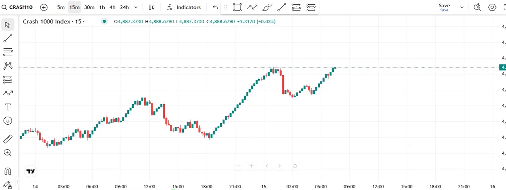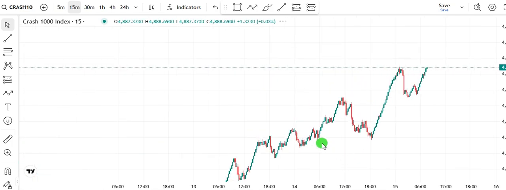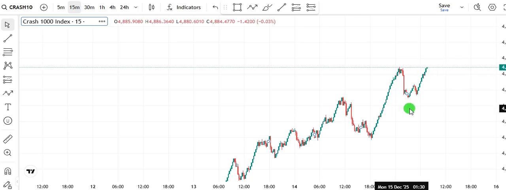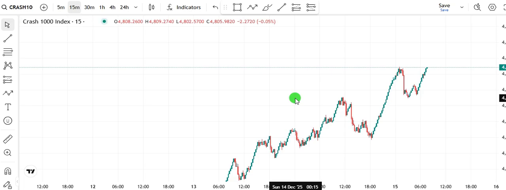I suggest just leave this market, please. I know you might say it's going bullish, it's going bullish, and you might choose to go long here. But the way you're going to put your stop loss, you put your stop loss there, so we're going to be able to take profits. So I think it's better to just stay out of Crash 1000 for now, except you see any other nice setup.